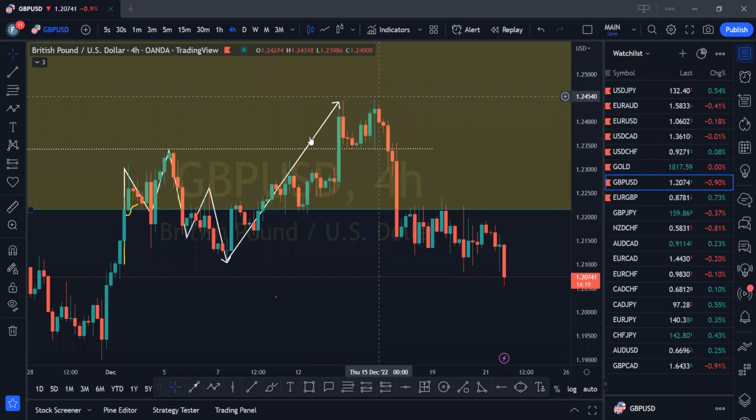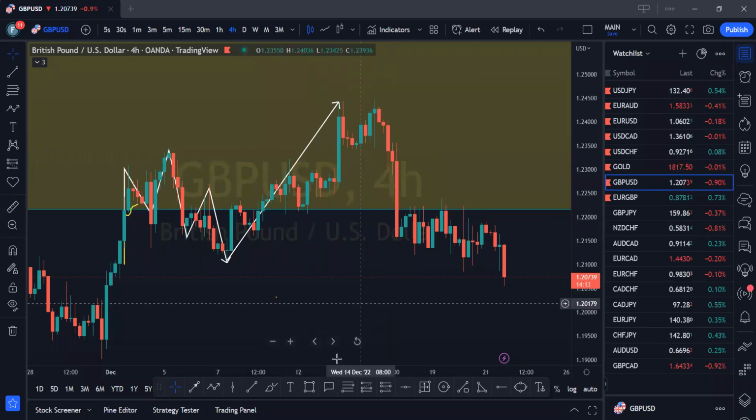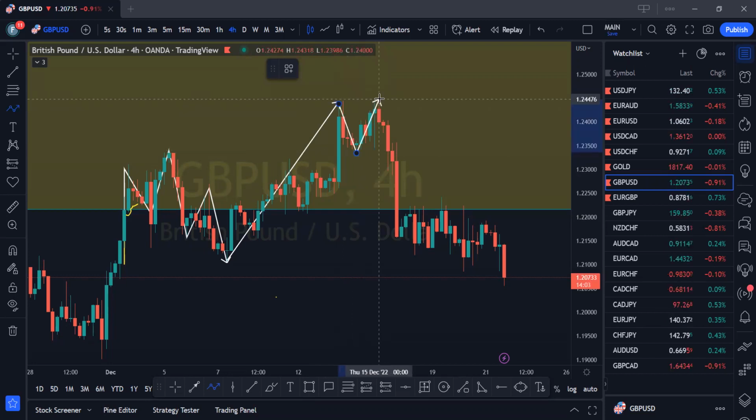So let's delete this. When you're highlighting structure, right now the structure is shifting like so. We had this, and then we had this. This is a bit higher than the previous high. And then this is the higher low that has been broken, right?